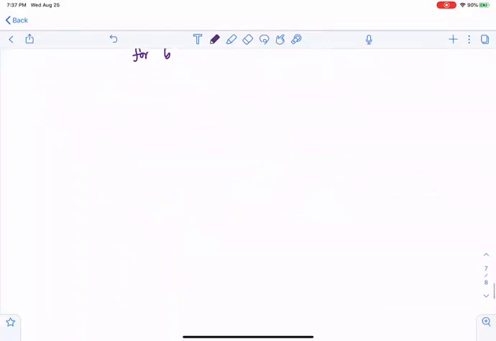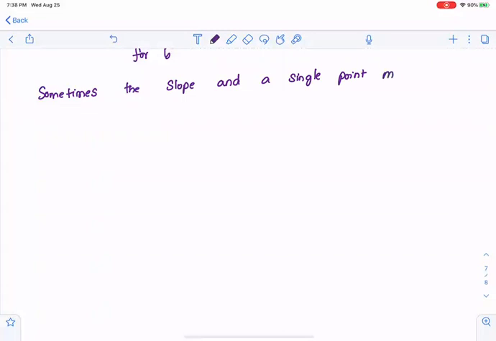So sometimes you may just have the slope and a single point.